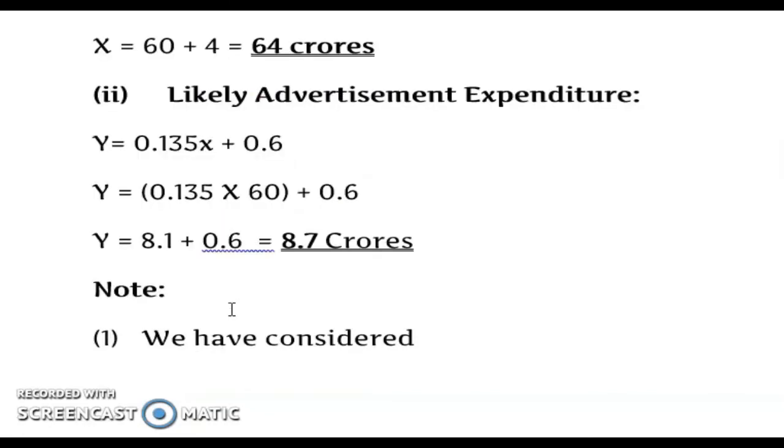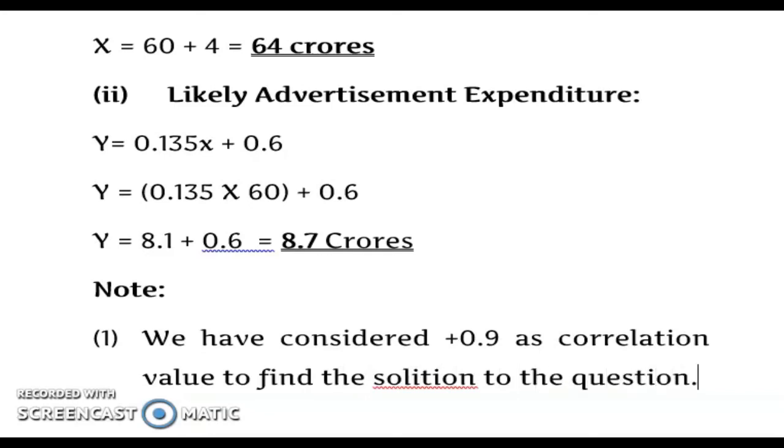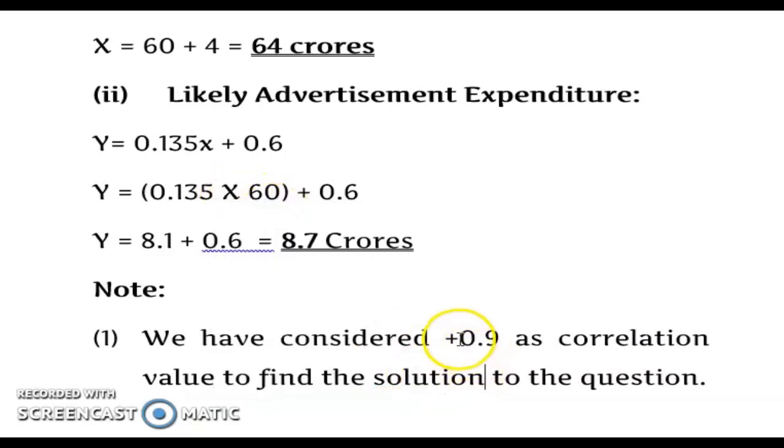We have considered plus 0.9 as the correlation value to find the solution to the question. To be on the safer side, we are writing this because you can either assume it as plus or minus. We have assumed plus, so I'll be writing a note.